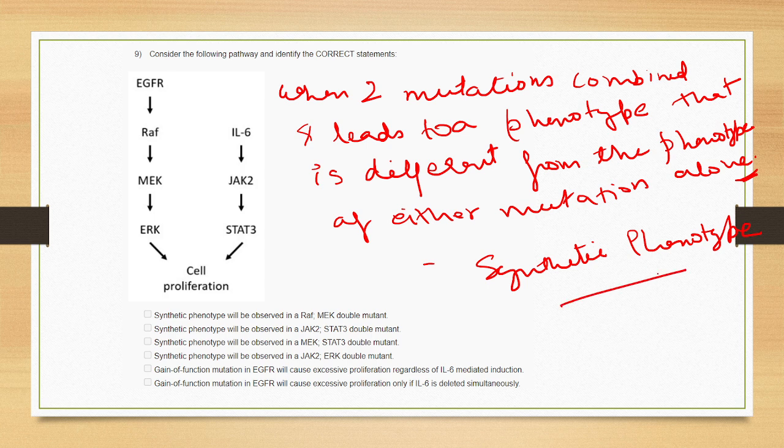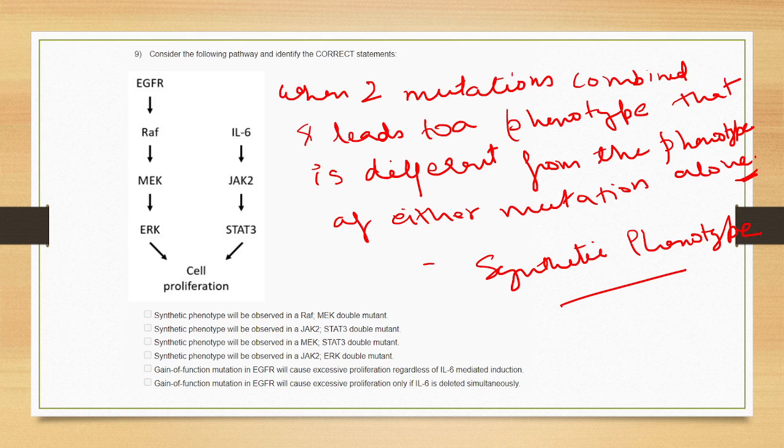I hope, I'm sorry, my handwriting is not very good, especially when I write through this tab. Anyways, so now we know which concept we have to apply in this question: the concept of synthetic phenotype. And the definition is that when two mutations are combined and it leads to a phenotype that is different from the phenotypes of either of the mutations alone, that is known as a synthetic phenotype.